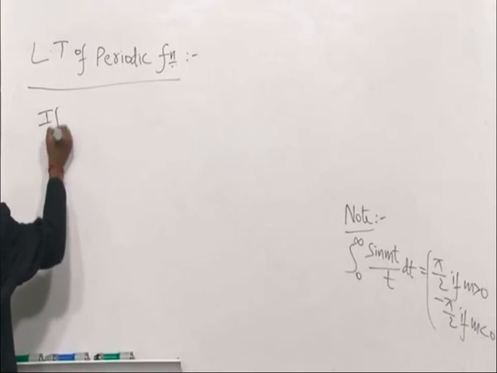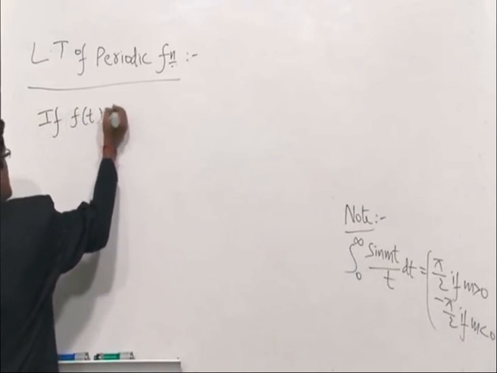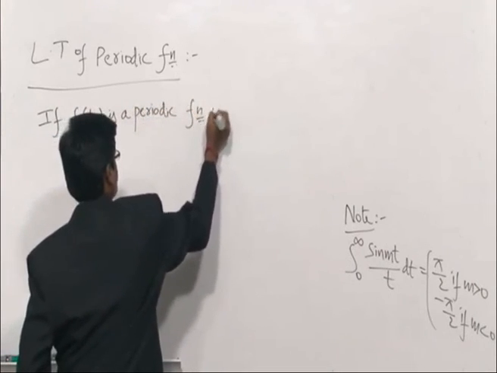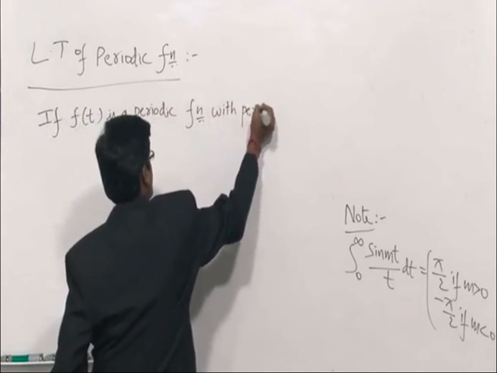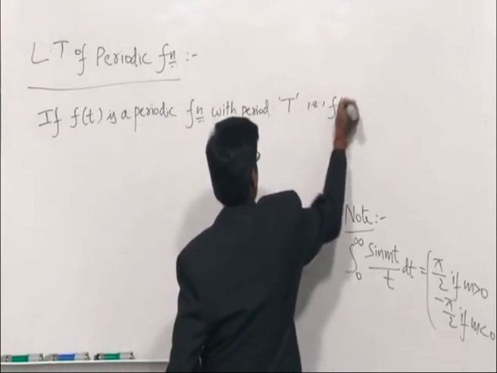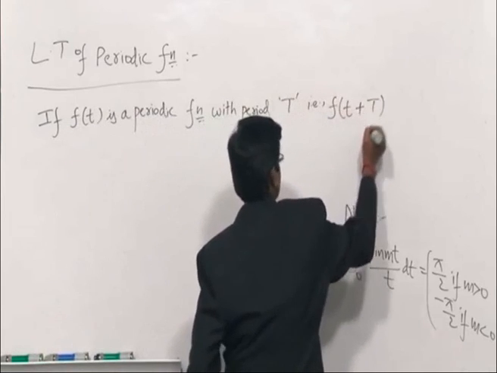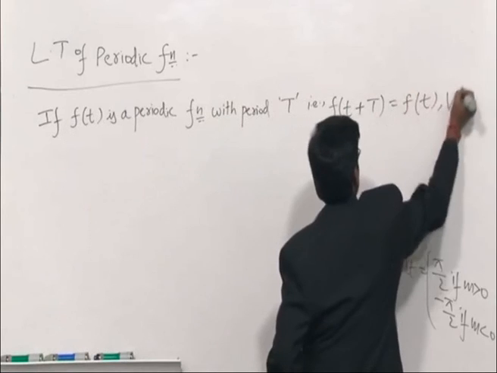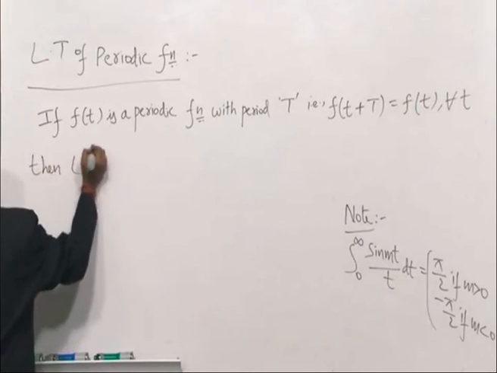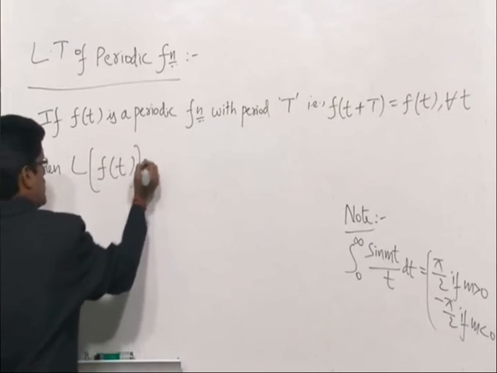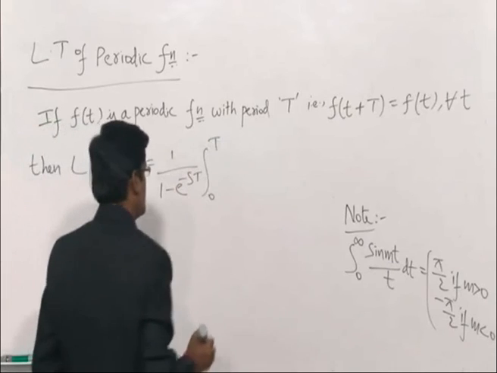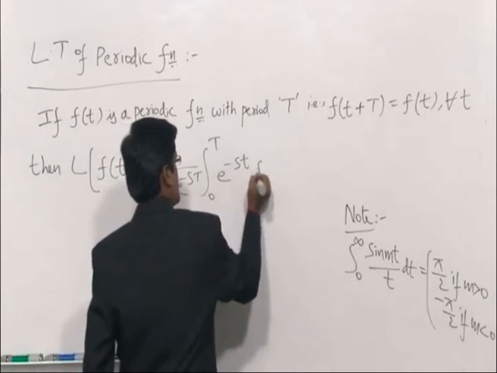If f of t is a periodic function with period, denoted by capital T, that is f of t plus capital T is equal to f of t for all small t, then for such a function, L of f of t is equal to 1 over 1 minus e power minus s capital T, times the integral 0 to capital T of e power minus s small t into f of t dt.